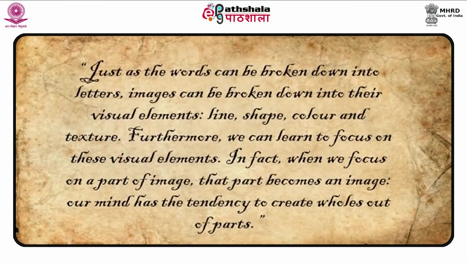Just as the word can be broken down into letters, images can be broken down into their visual elements: line, shape, color, and texture. Furthermore, we can learn to focus on these visual elements. In fact, when we focus on a part of image, that part becomes an image. Our mind has a tendency to create whole out of parts.